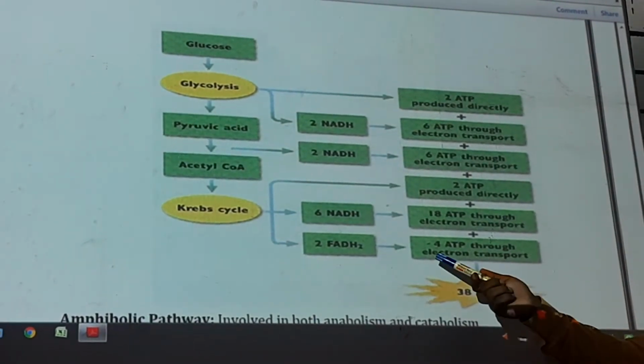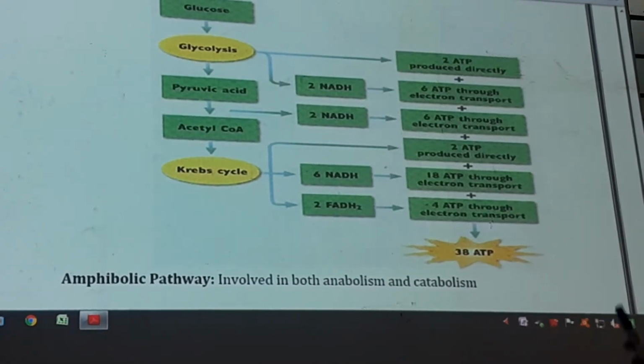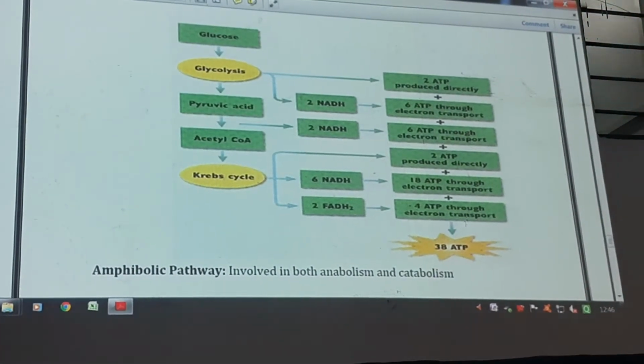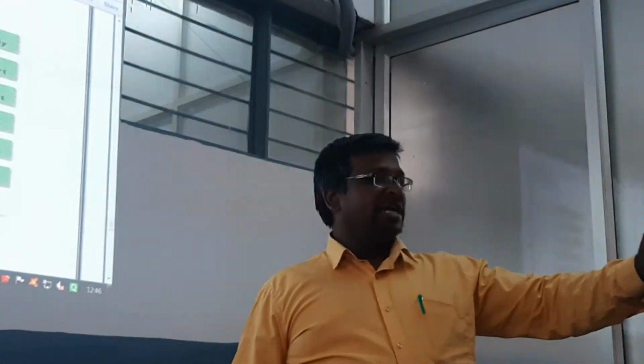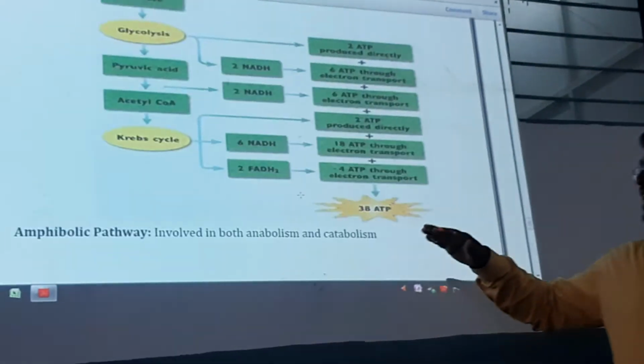So 18 ATP plus 4 ATP. Totally you get 38 ATPs. Out of 38 ATPs, 2 ATPs are utilized for transferring pyruvic acid from the cytoplasm of the cell to the mitochondria. They spend 2 ATPs. So totally it is 36 ATPs.